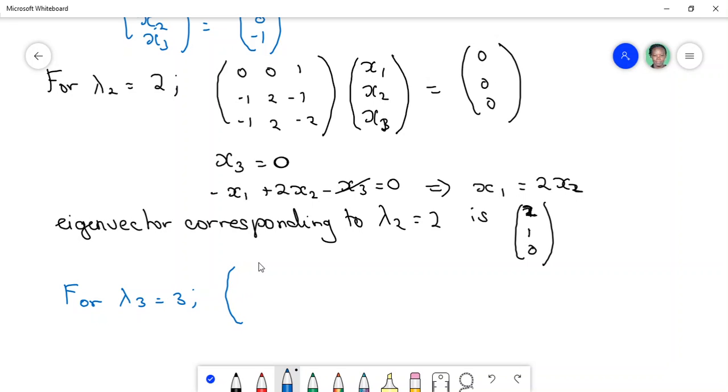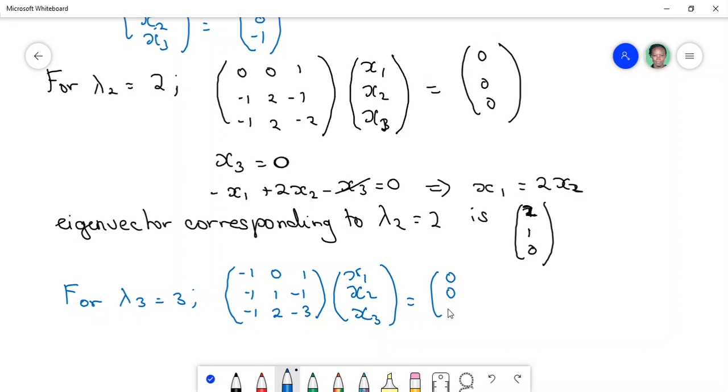We have minus 1, 0, 1, minus 1, 1, minus 1, and minus 1, 2, and minus 3, times x1, x2, and x3 to be equal to 0, 0, 0.